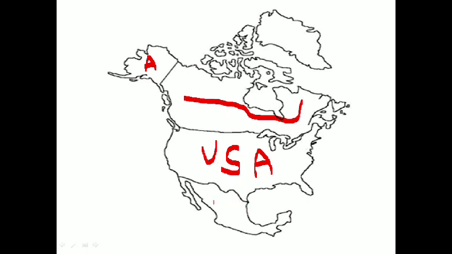And now the third biggest country here in North America is this part, called Mexico. This is Mexico. So here we have seen this part is Canada, this is USA, and this part is Mexico. And this region, Alaska, also forms an integral part of USA.